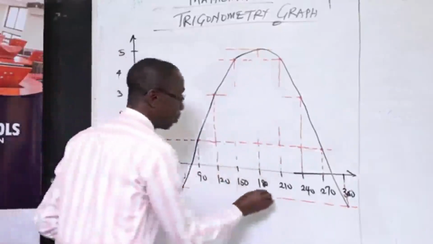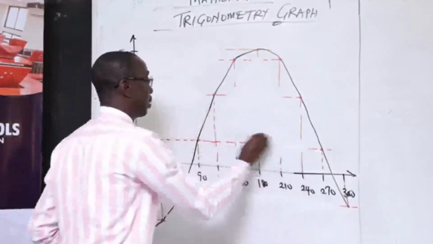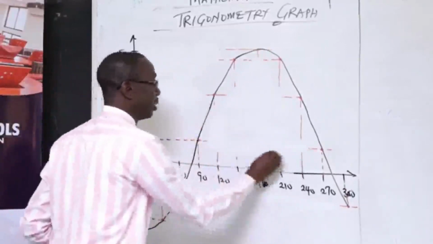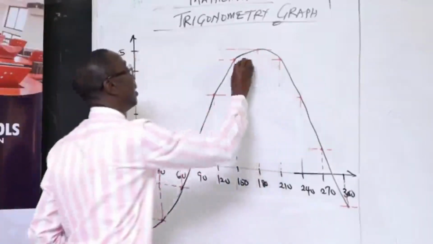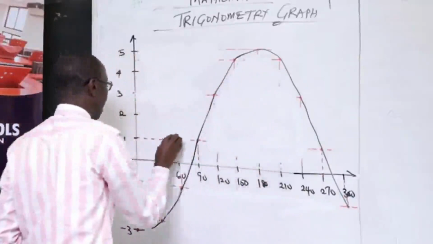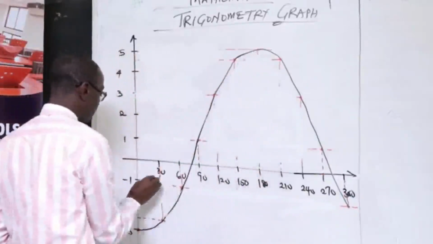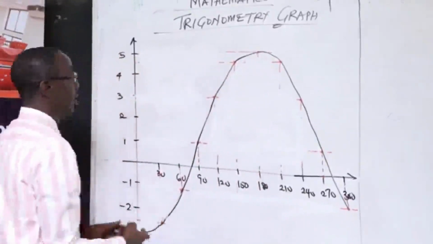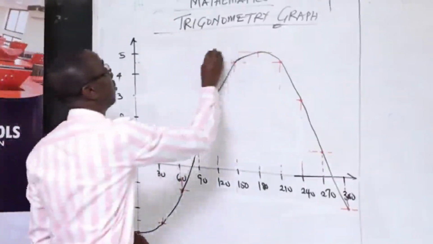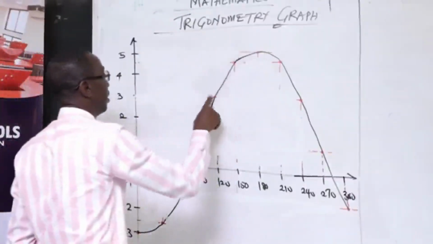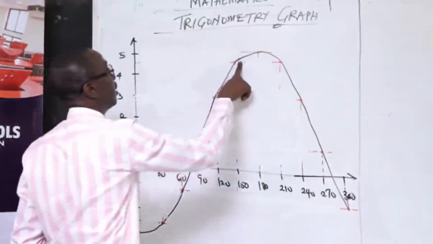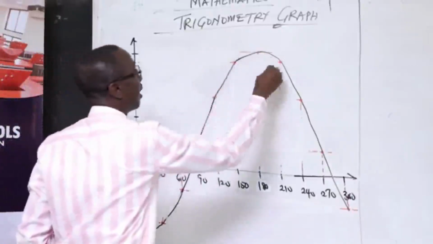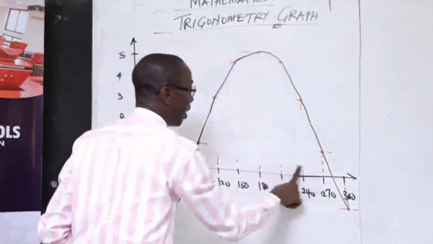So all these dotted lines should be removed. You are not expected to do that because your graph has been ruled perfectly, so you don't need these straight lines to get your points. And you can see I'm trying to remove mine. By now, you should be finishing your own graph.